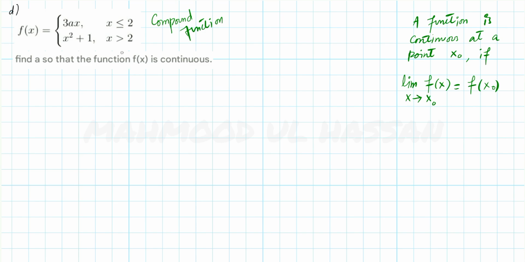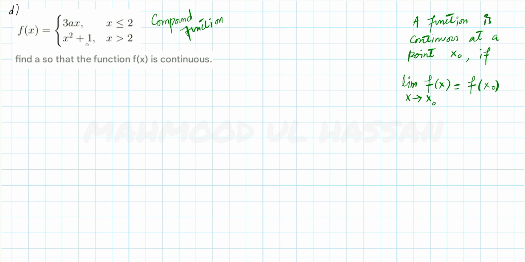So here we have to check the left hand limit as well as the right hand limit at the point 2, because on the left side of 2 or at 2 the function is 3 times ax, and when x is greater than 2, on the right side of 2, the function is x squared plus 1.